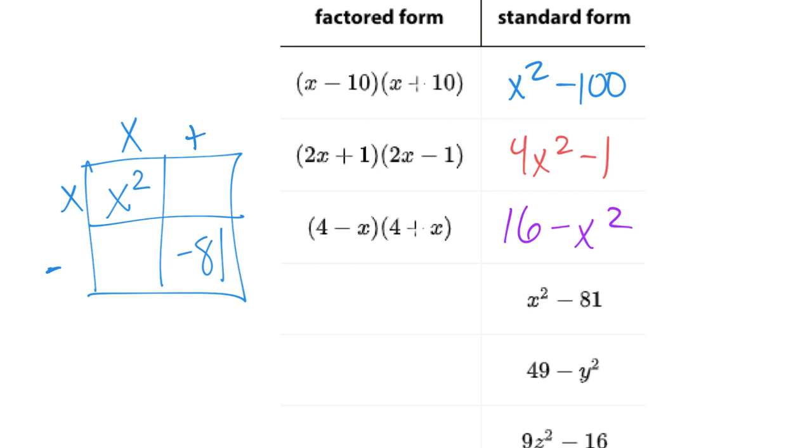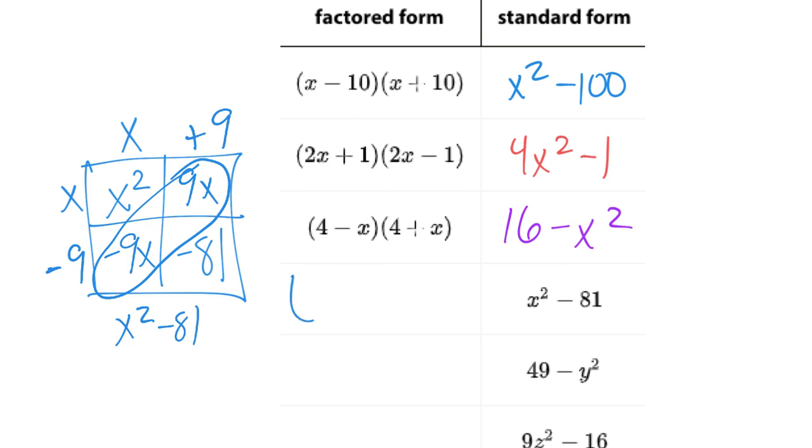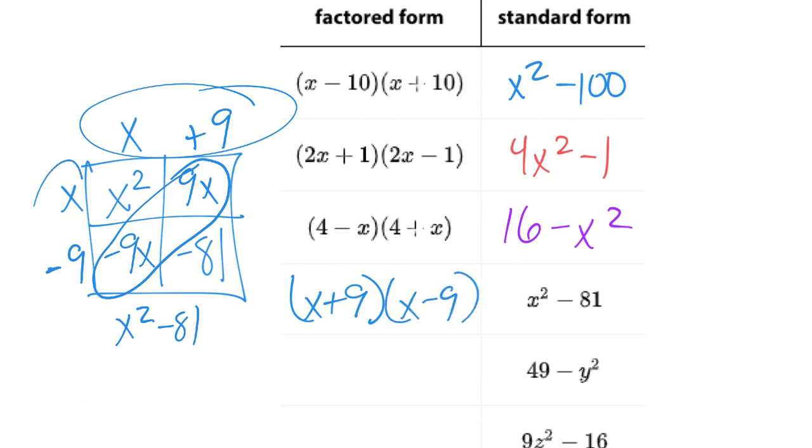And I'm thinking of what multiplies to get me 81. So I'm going to try 9 and negative 9. And when I multiply that out, I see that those middle terms are going to result in 0x when you combine them. So I do get x squared minus 81 from this. So the factored form was x plus 9 from our first piece up there times x minus 9 from the other term along the side.